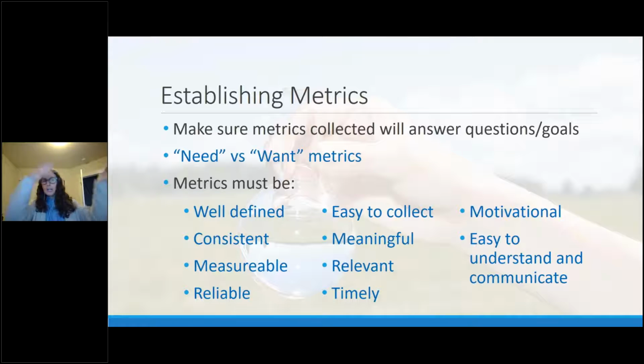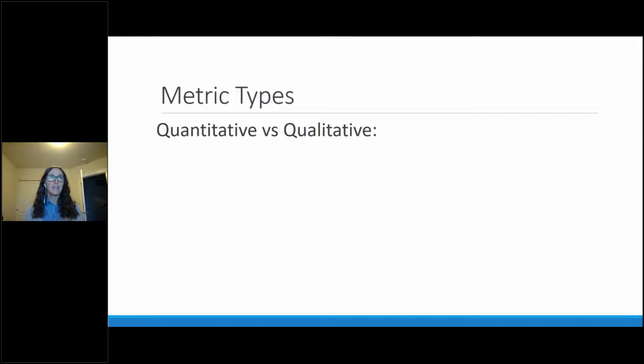In the end, you're collecting all this stuff, great, but if you can't create a story with them in the end, make them motivational and interesting and easy to understand and communicate, you've lost the relevancy of collecting metrics to start with. So really keep them so that in the end you can do something great. And we'll come back to that one in our process to make sure your metric makes sense.